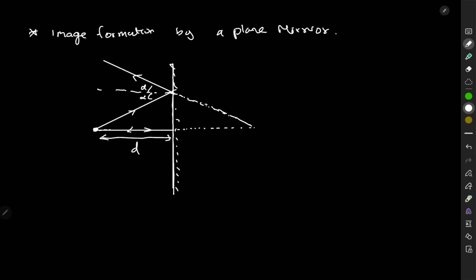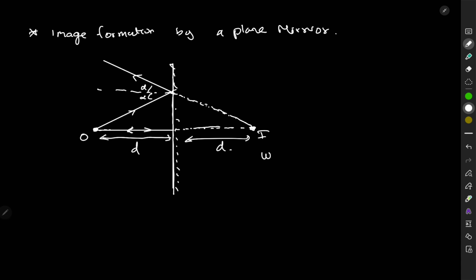We should only extend the ray which is reflected and going. So this reflected ray is going like this, so I'm going to extend it like this. Here is where the image will be formed. Here is the object, so this will be at a distance d. So how is the image formed? What is an image?